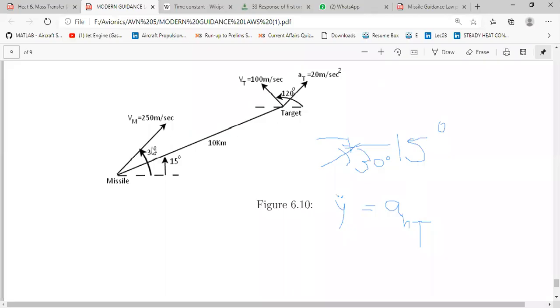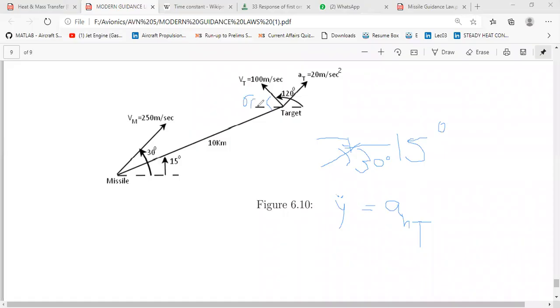Now if you apply the angle, second point, here the angle is 15 degrees. And here what will be the angle? 180 minus 120, it will be 60 degrees. It will be 60 degrees here.